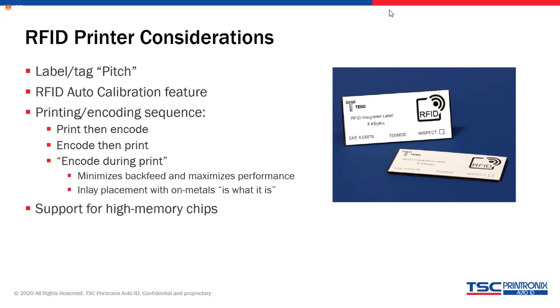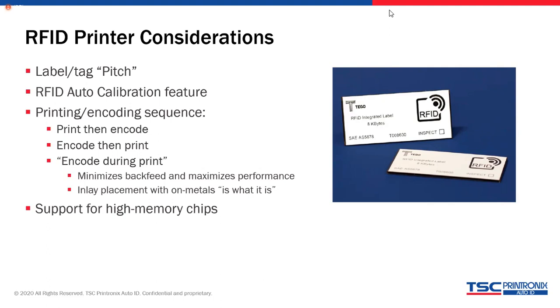Another key advantage and implication of this encode during print firmware concept is that the inlay placement, that's the industry term, meaning where the inlay is within the label, is irrelevant.